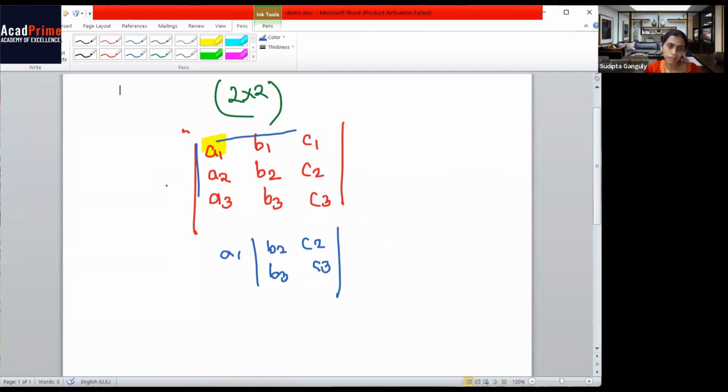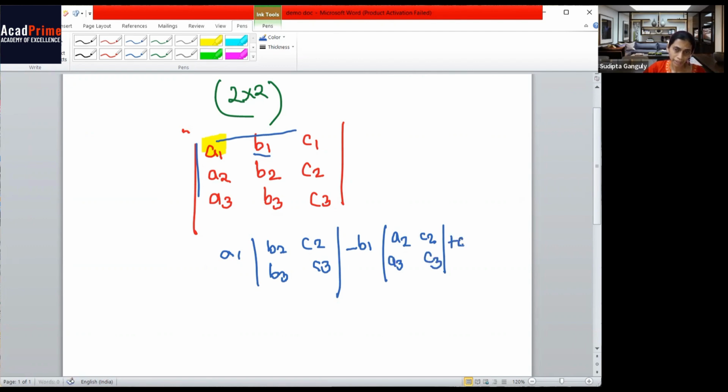Respectively, you have to do the same procedure for the other elements, right? But while taking the second element, which is B1, I'm going to write a negative sign, so it is minus B1. Again, eliminate the second column and the first row where B1 is located. So we are left with A2, C2, A3, and C3, right?